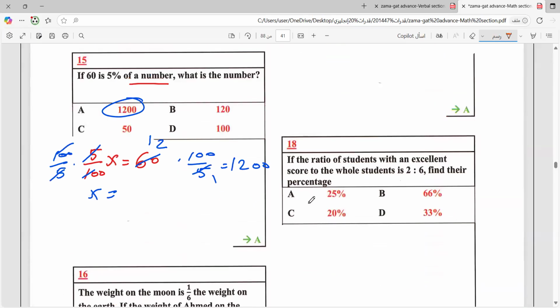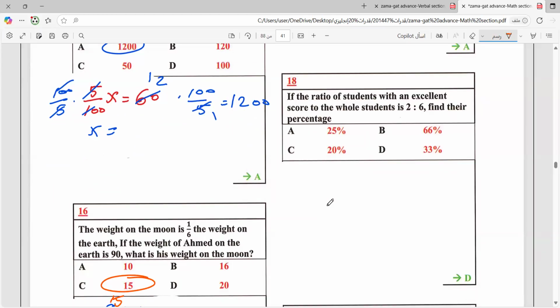Good job. Yalla Abdul Mohsen. Okay. Number 18. If the ratio of the students with an excellent score to all the students is 2 over 6, find their percentage.